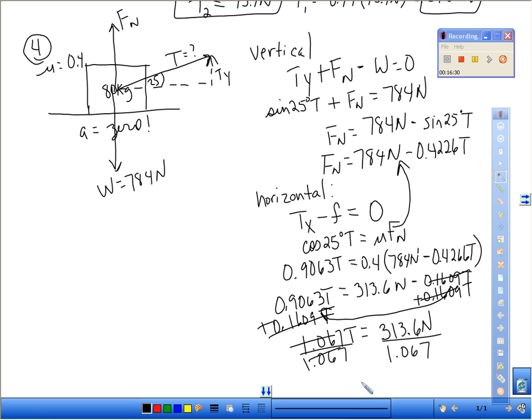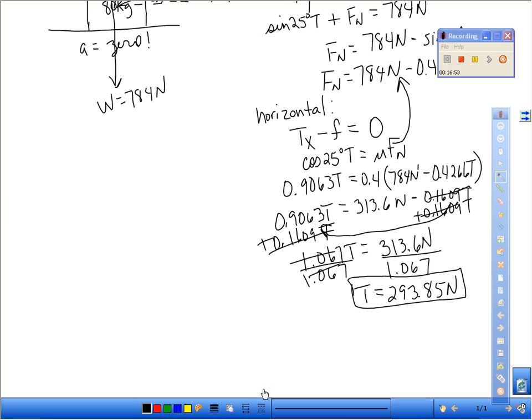If I do that, then my tension should be 313.6 divided by 1.067, and I got 293.85. Now yours may be a little different depending on where you rounded, but you should still get a value close to mine. So that took care of number 4.